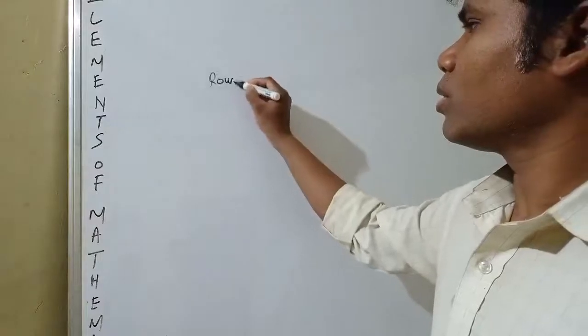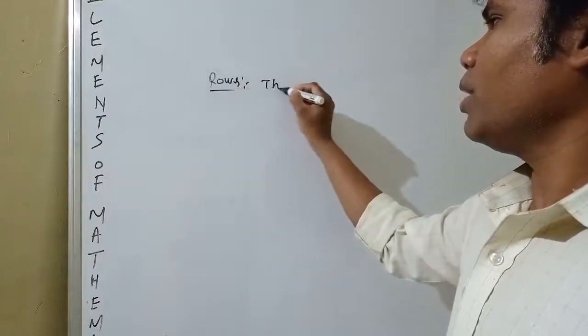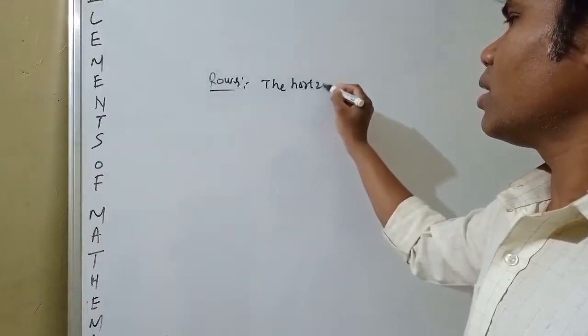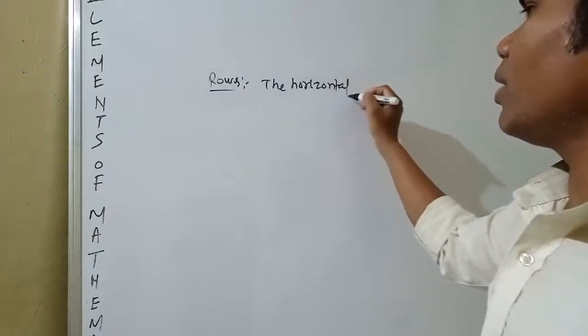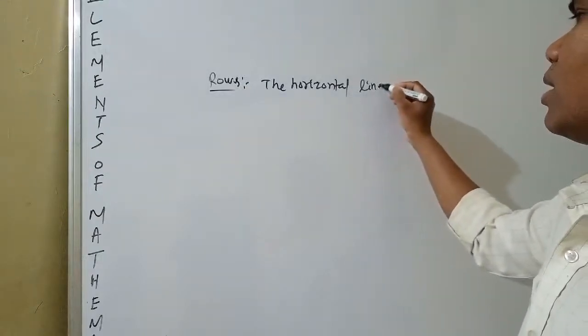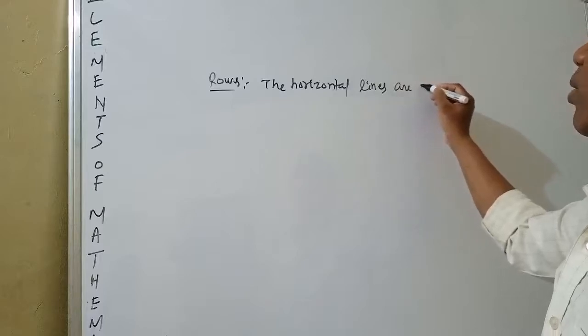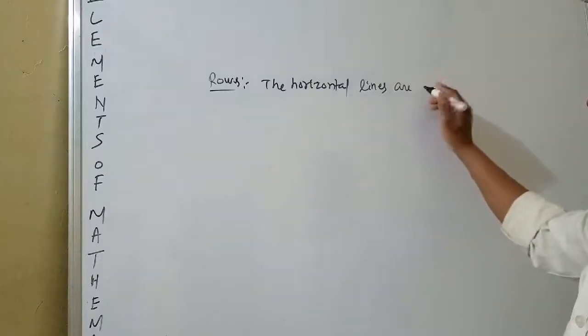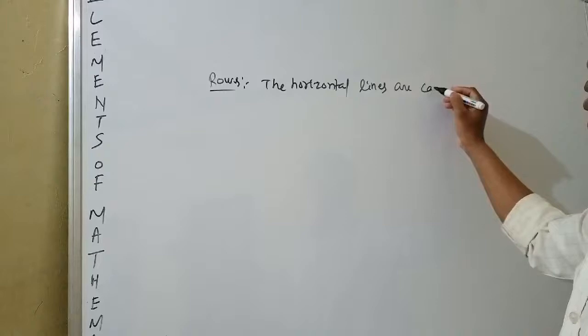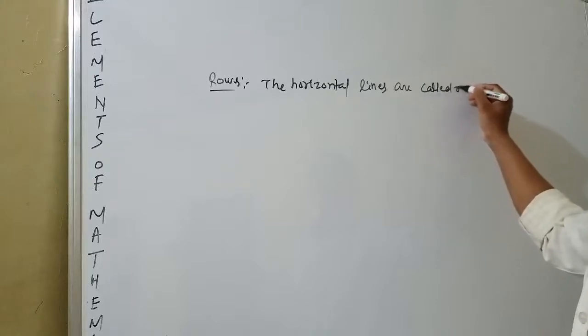Rows: the horizontal lines are called rows.